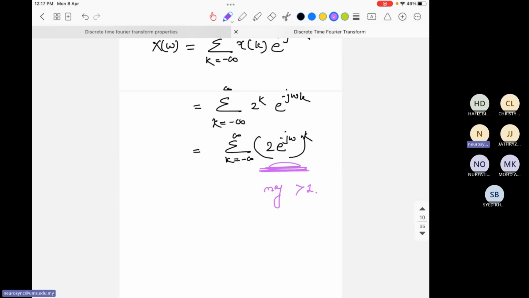So if you find the magnitude of 2 e to the power minus j omega, this is nothing but 2, which is greater than 1. So the geometric progression does not converge. This is not convergent.